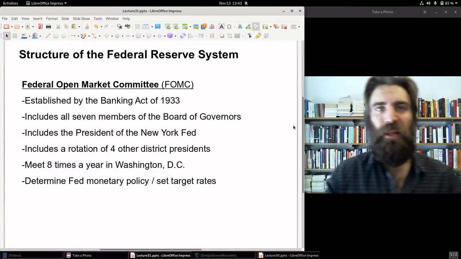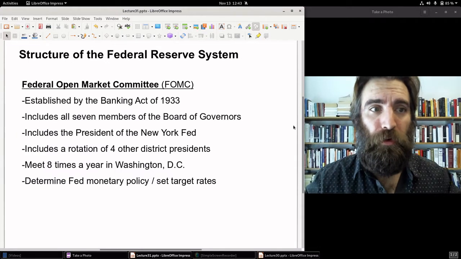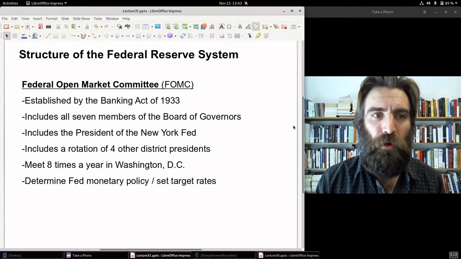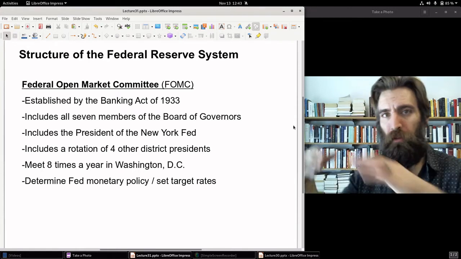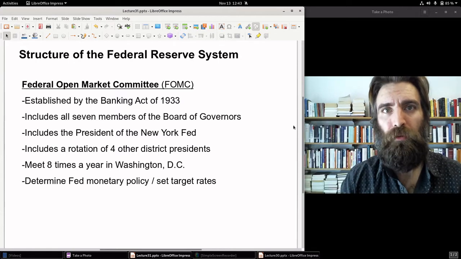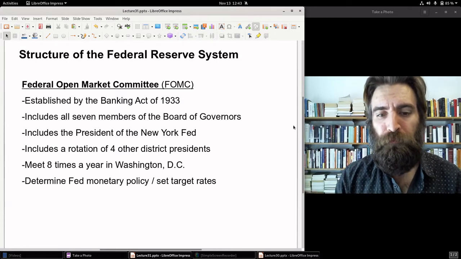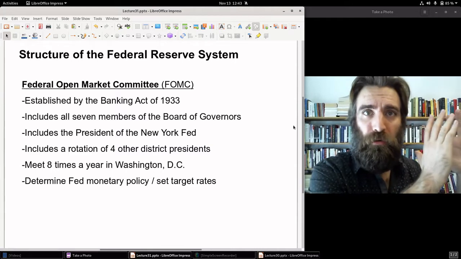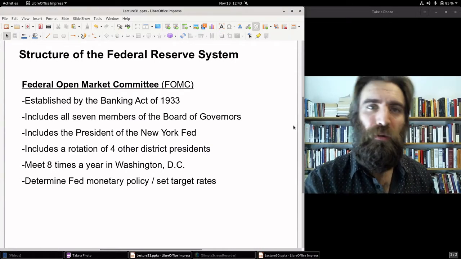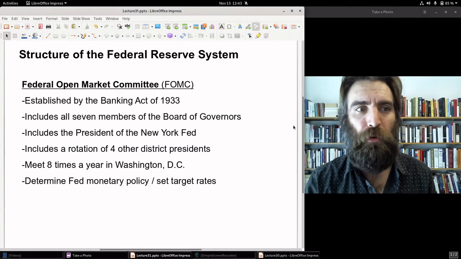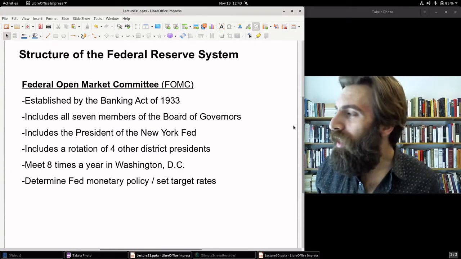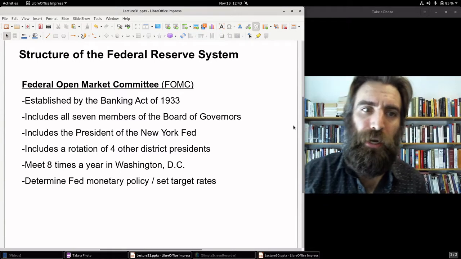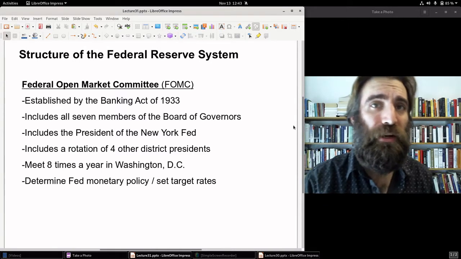And then the other element of the Federal Reserve System, the Federal Open Market Committee, or FOMC. Okay, so you had the Board of Governors, appointed by the President, sitting in Washington, D.C., overseeing the system. Then you have the 12 district banks, privately owned, with restrictions on what they can and can't do. And then you have the FOMC. Now, the FOMC was not created until 1933.